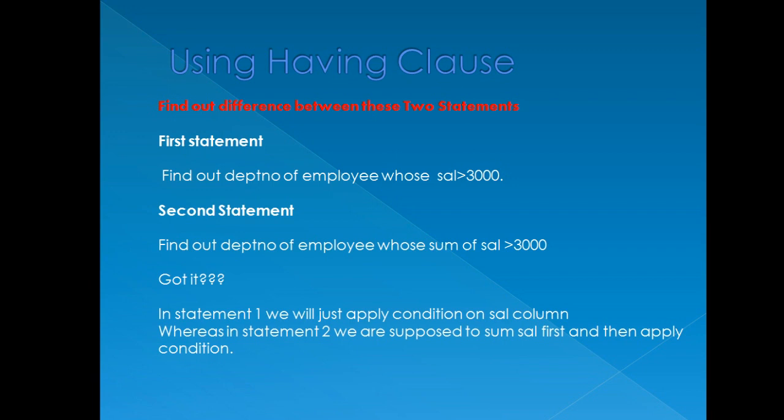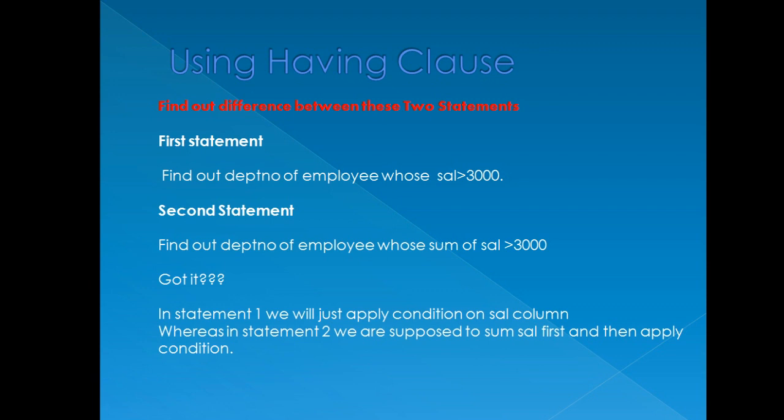Next is using the having clause. In order to better understand the having clause, I'm going to say 2 statements in front of you and you have to figure out the difference between them. My first statement is: find out department number of employees whose salary is greater than 3000. And my second statement is: find out department number of employees whose sum of salary is greater than 3000.